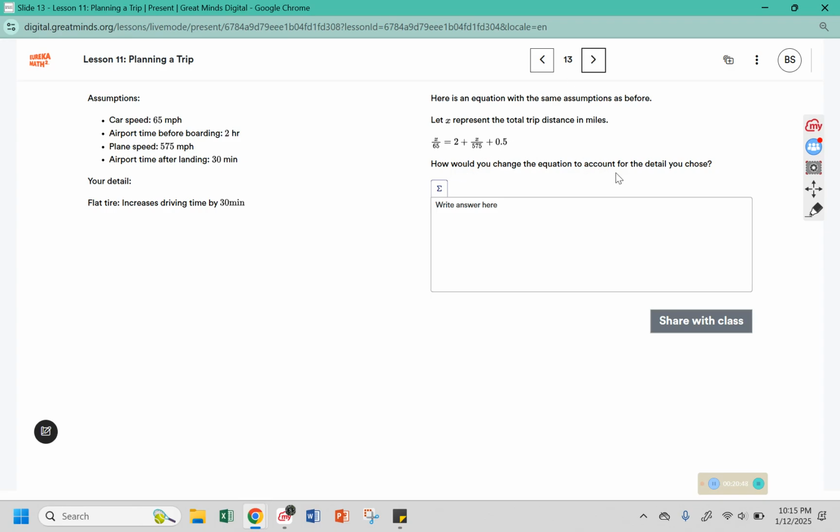So how would we change our equation to account for the detail you chose? It says it increases the driving time by 30 minutes. So my new equation should say x over 65 plus 30 minutes, which is 0.5 hours, equals 2 plus x over 575 plus the half hour for airport time after landing.